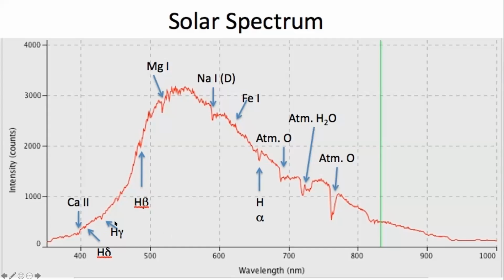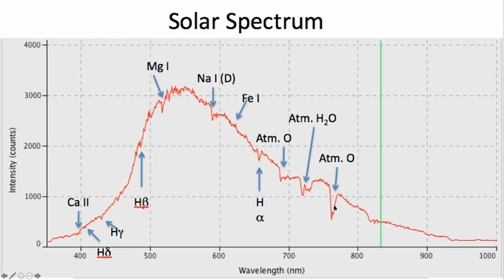There are different kinds of hydrogen, right? Hydrogen delta, hydrogen gamma, hydrogen beta. Magnesium-1 is this particular dip. Sodium-1, iron-1, and or hydrogen alpha, atmospheric oxygen, atmospheric water, more atmospheric oxygen.